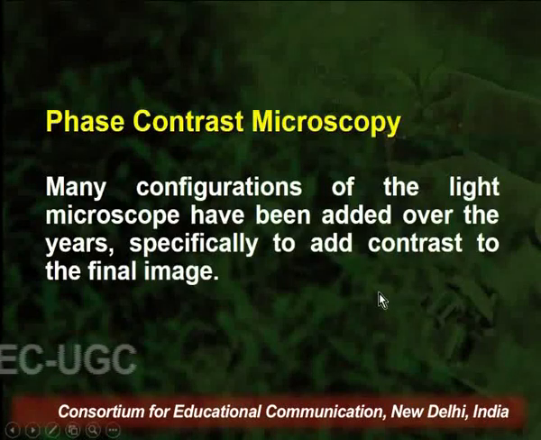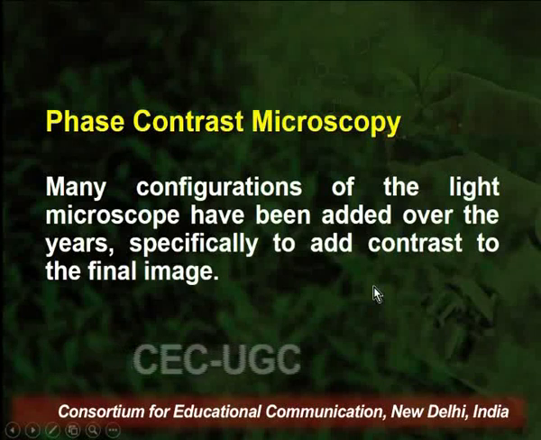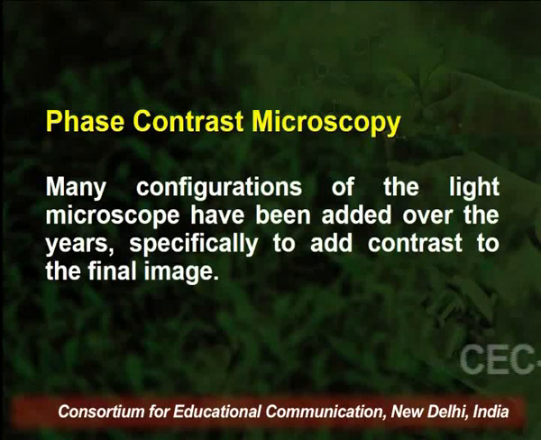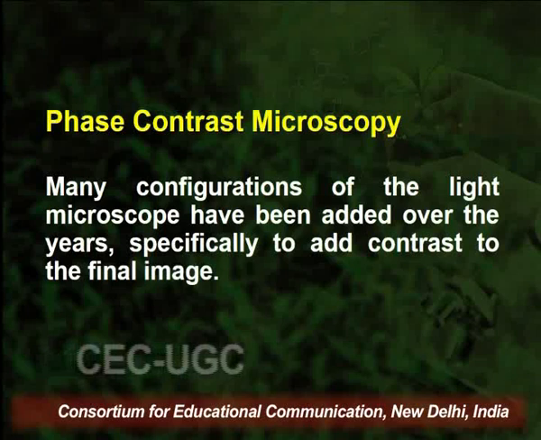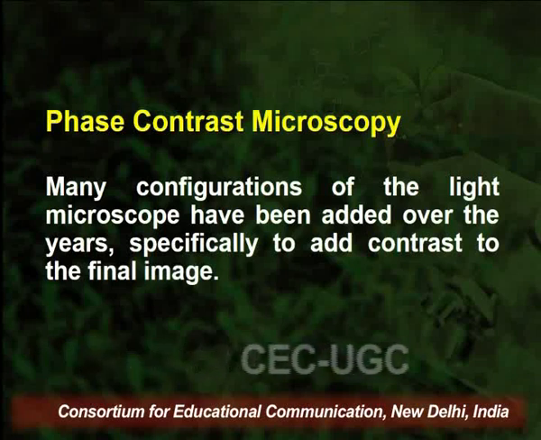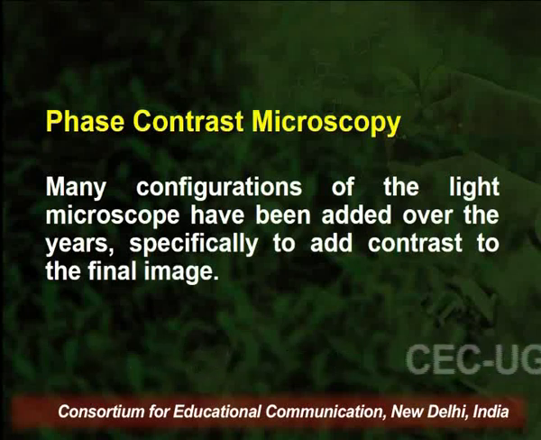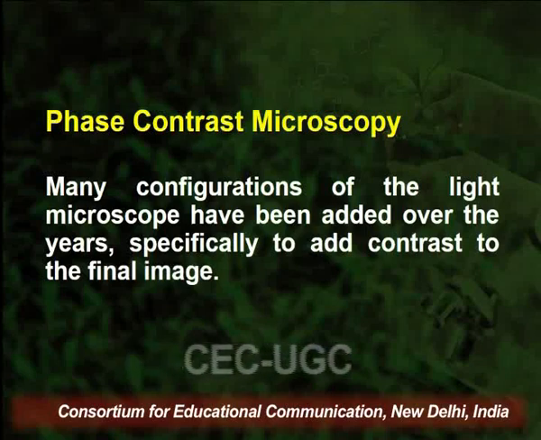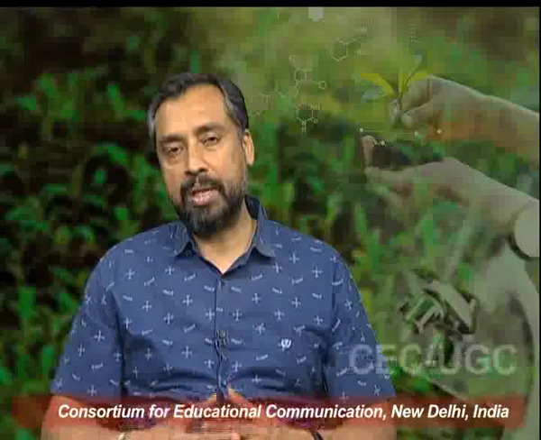Now, many configurations of the light microscope have been added over the years, and specifically to add contrast to the final image. So the entire purpose of using a microscope is to understand the details of an object in much more detail, and this can also be achieved with the help of additional contrast to the image which we are seeing.